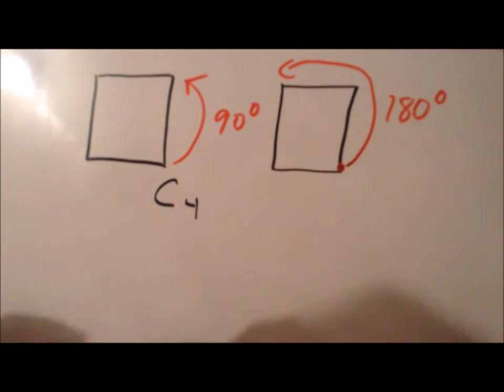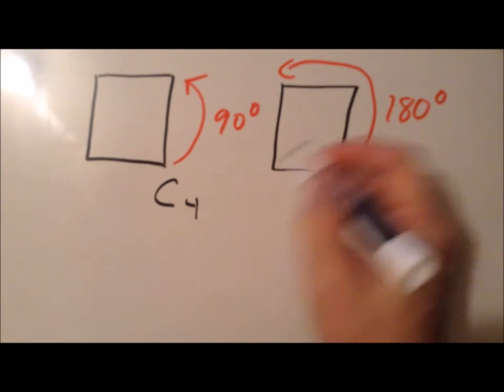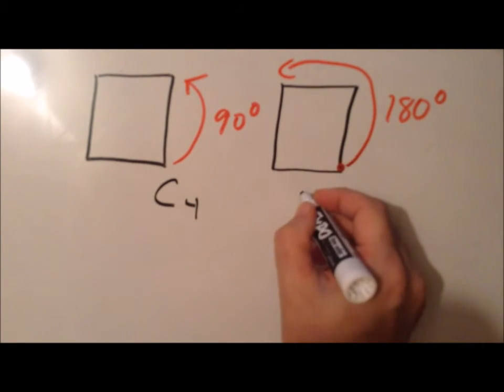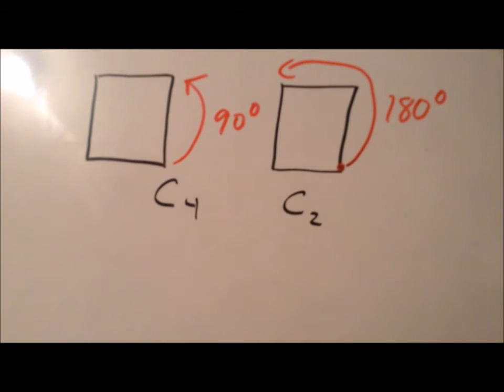So we can define, in terms of proper rotations, this 180 degree rotation is a C2. It's C2 because it's a half of a full turn. That's an intuitive way of thinking about it. Also, using our formula, that 360 divided by 2 is 180 degrees, and we've rotated by 180 degrees.